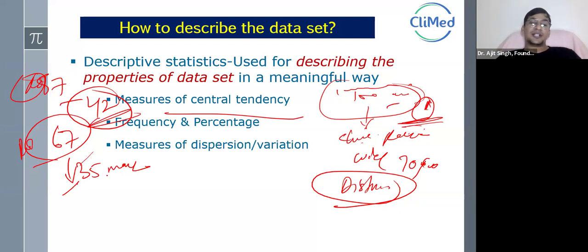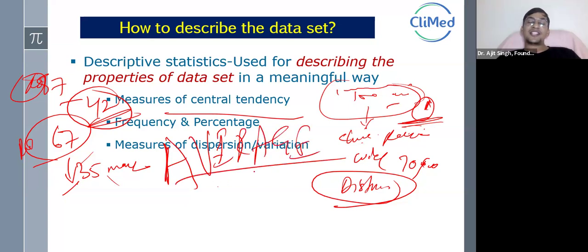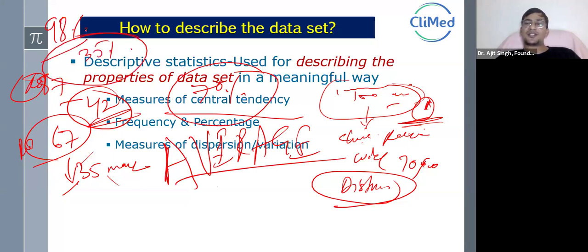It's simple, guys. There is something called average. Your entire class average mark is 70%. Whether someone got 98% or 35%, doesn't matter. When you add all the 100 values and divide by 100, you will get the mean, or maybe the mode or median.